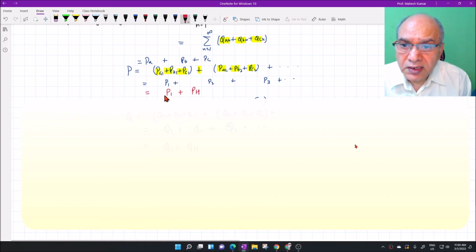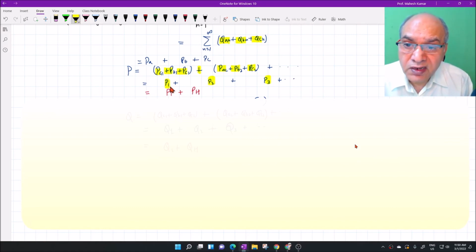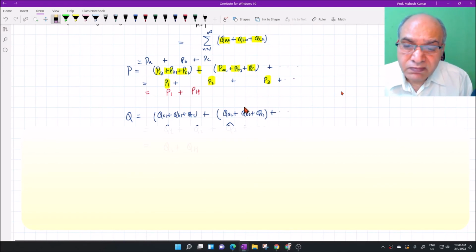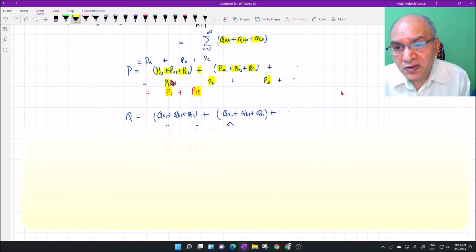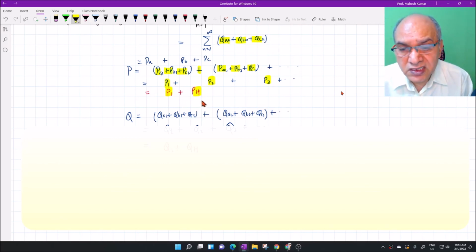So this will form P1, that is the fundamental real power of each phase, and then P2 and then P3 and so on. So here this P1 consists of the A phase real power, B phase real power and C phase real power at fundamental frequency voltage and current. Similarly P2 and P3. This can be further written in the shortest form as the fundamental power P1 plus PH. What is P1 here? P1 is the fundamental power of each phase, and PH is the total harmonic real power coming from the harmonic components of voltage and currents.